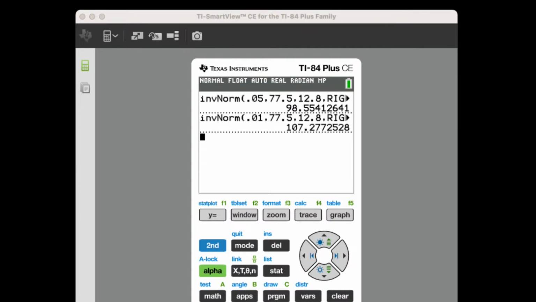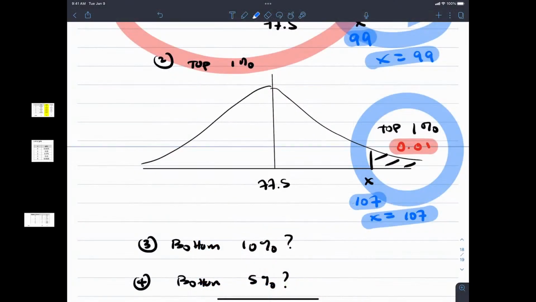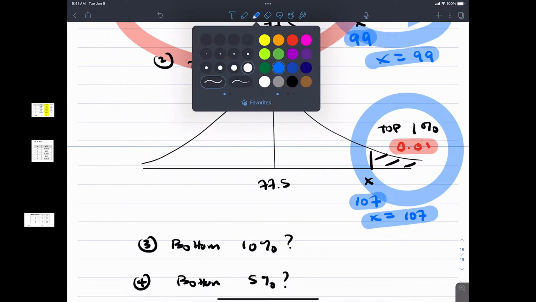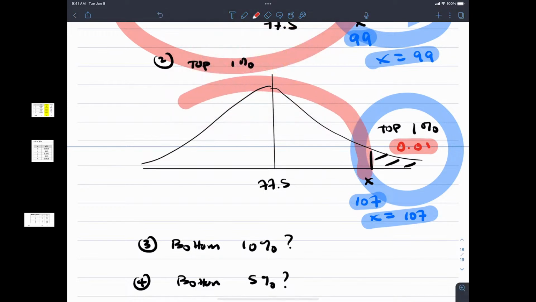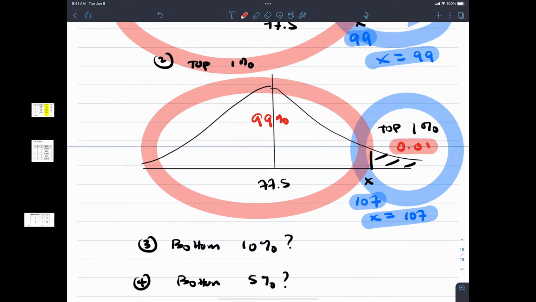This is now going to be what number? 107. $107. So what's the complement now of 1%? What's that going to be? It's 99%. 0.99.